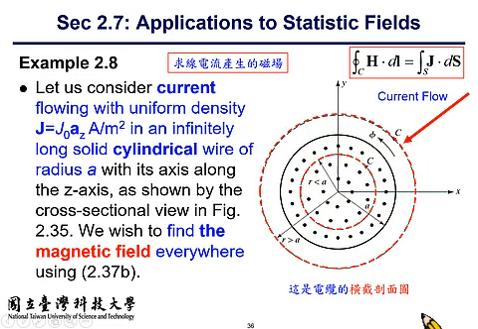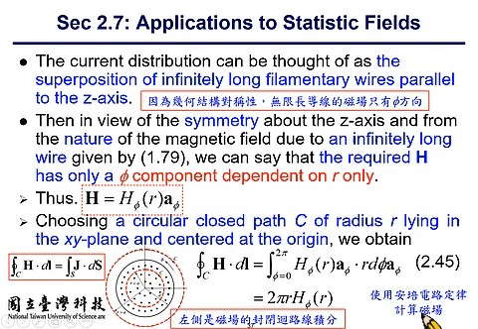And in this case, we would like to calculate the magnetic field inside and outside of this conducting wire. All right, we try to calculate H, the magnetic field intensity.